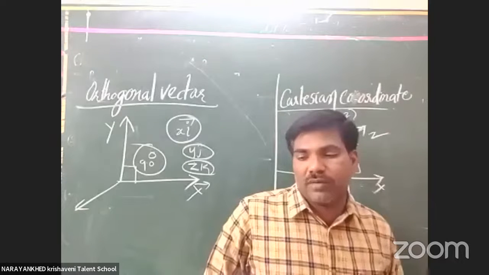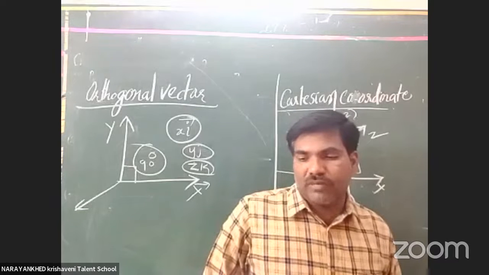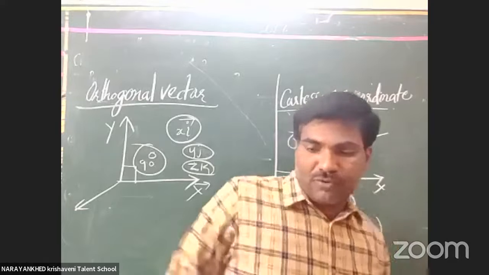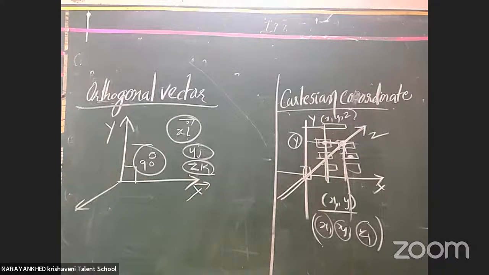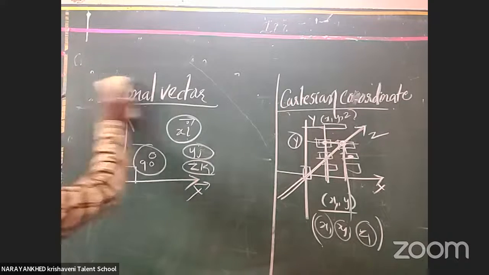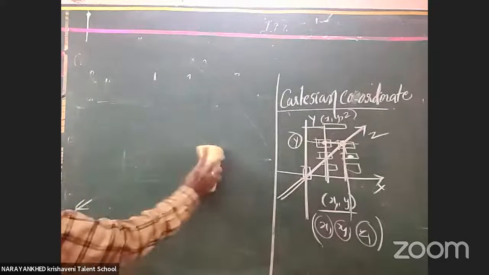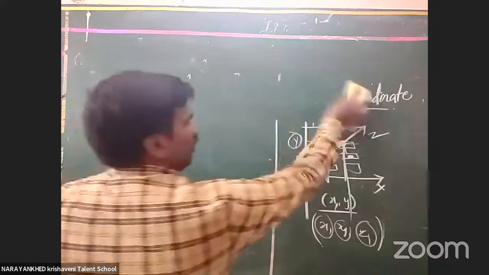Now we are going to the conceptual worksheets. Before that, yesterday we already discussed how to find the mod value, which is given here. Below the component orthogonal vectors, there is one example.